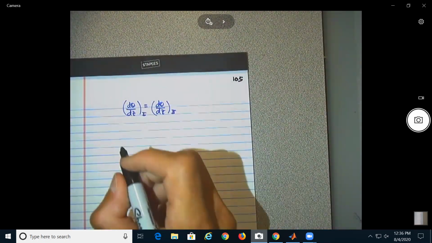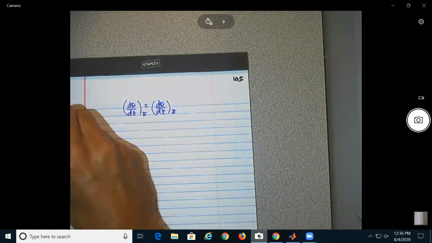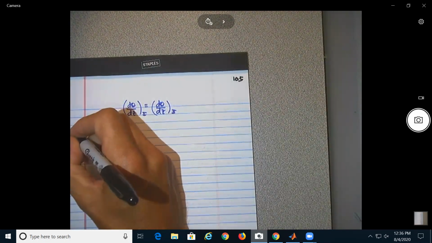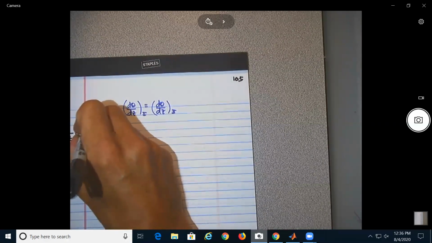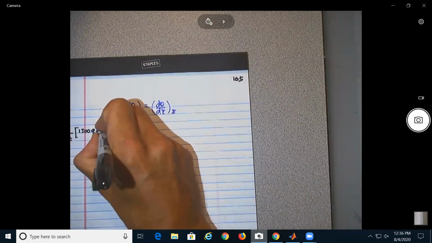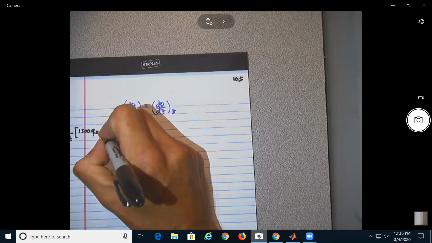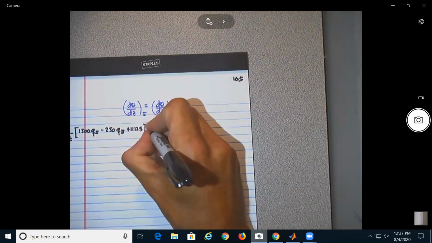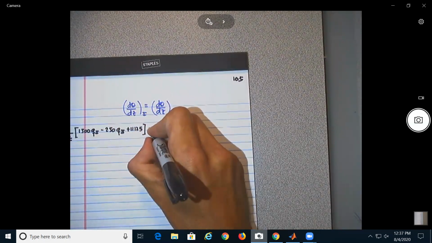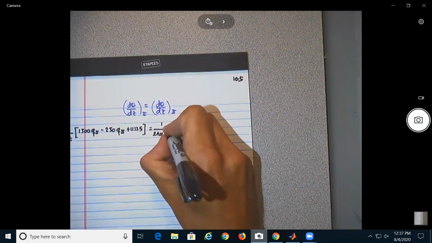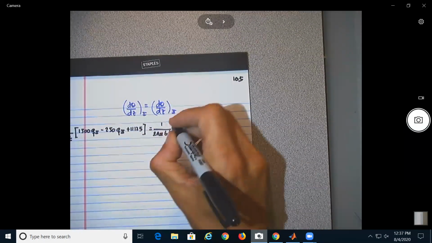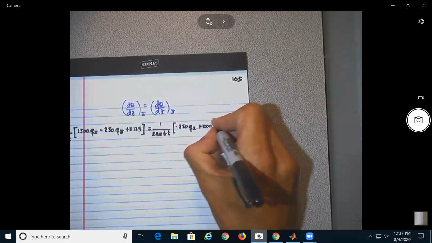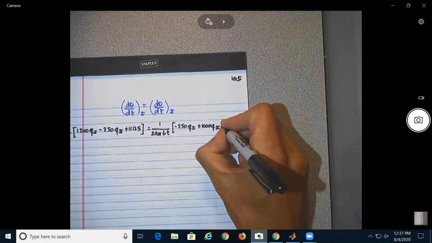So we have 1 over 2 A1 GT times 1500 Q1 minus 250 Q2 plus 11,125, equal to 1 over 2 A2 GT of minus 250 Q1 plus 1,000 Q2 minus 1,125.